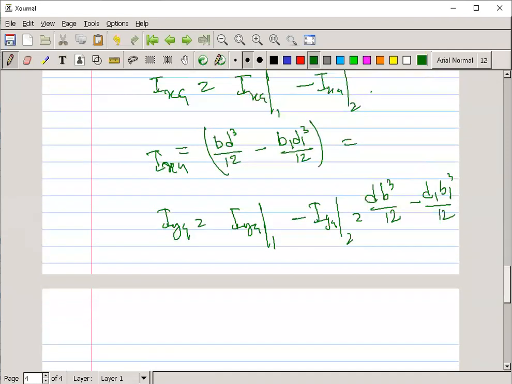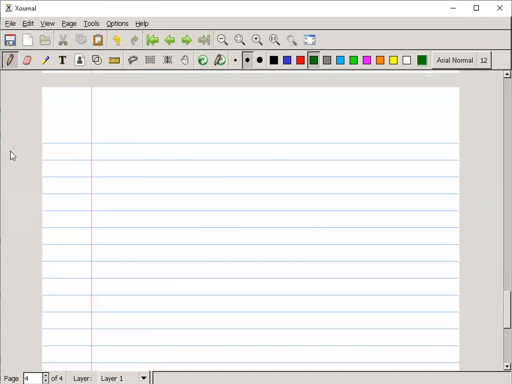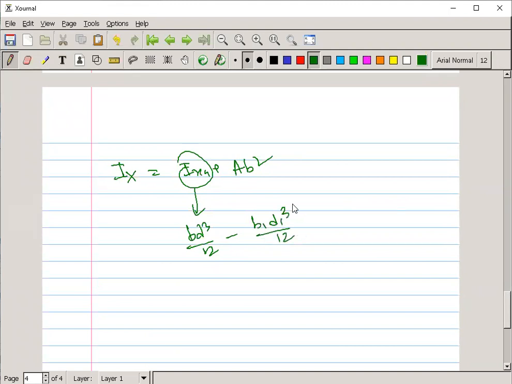You have to simply put I of capital X equals I of small xg plus A into b square. So instead of this, you have to put bd cube by 12 minus b1 d1 cube by 12. And instead of this, you have to put how much? This is d into b.